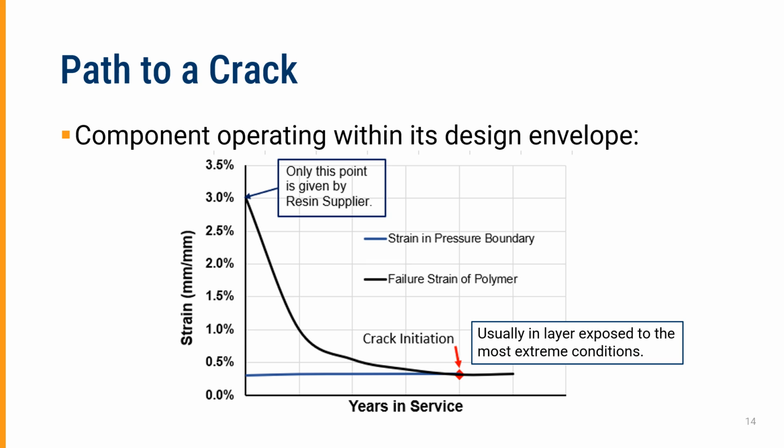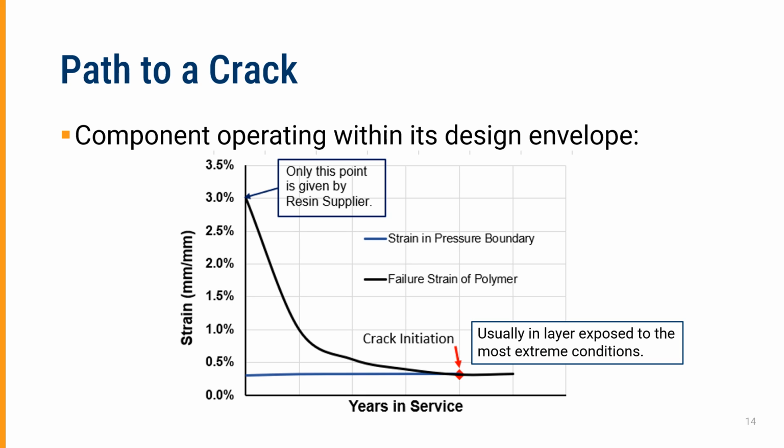Now, as a consequence of creep and relaxation, we see changes in the amount of strain that actually occurs in the pressure boundary. And so this has a very, very slight upward slope. Depending upon the excess capacity that's built into the design, and notice that with FRP we will often have somewhere like a factor of safety of 10, which is why I show the nominal strain in the pressure boundary here as 0.3% compared to 3% for the new material.